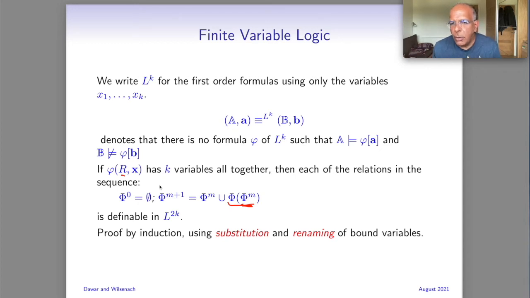But once you have 2k variables, you're not creating any subformulas with more free variables than that, and a renaming of variables will suffice. I'll leave the details as an exercise.